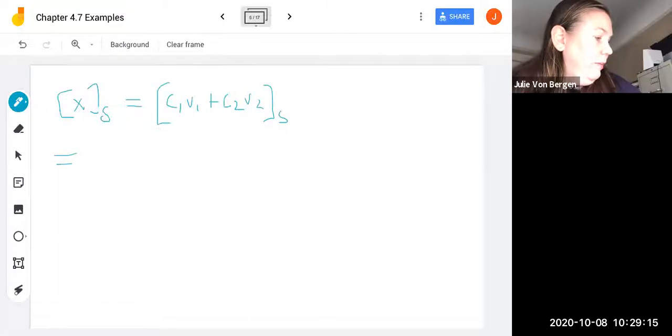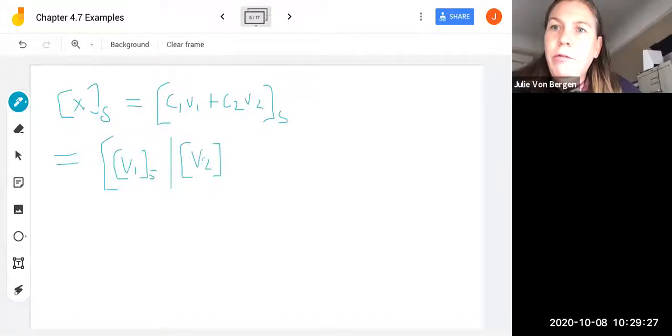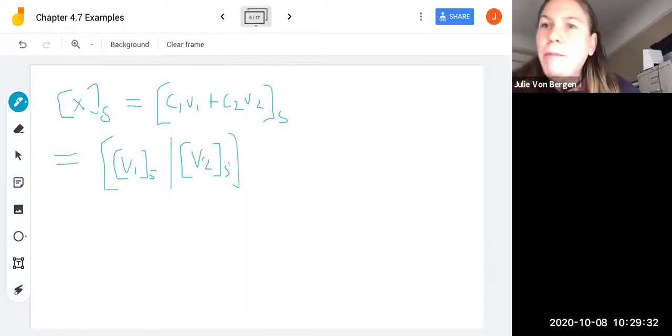So we think about them as column vector V1 relative to S, combined in a matrix with column vector V2 relative to S. And then this gets multiplied by our constants, C1 and C2.